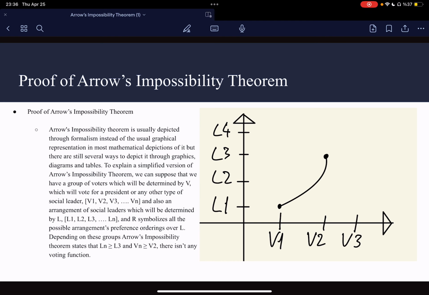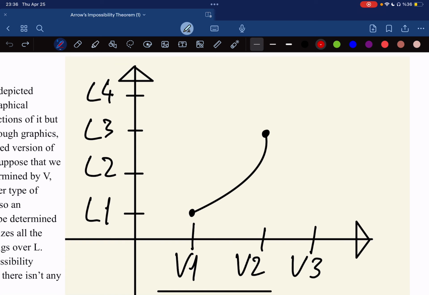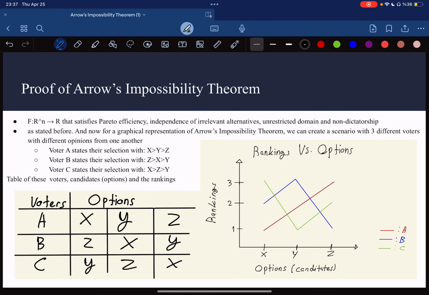So I have turned these numbers into a graphical function, and this graphical function states the functional part of our voting system, which is depicted through x and y.